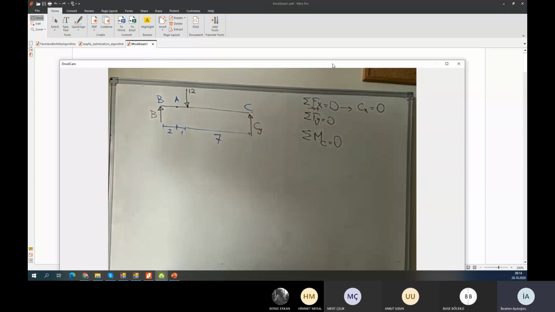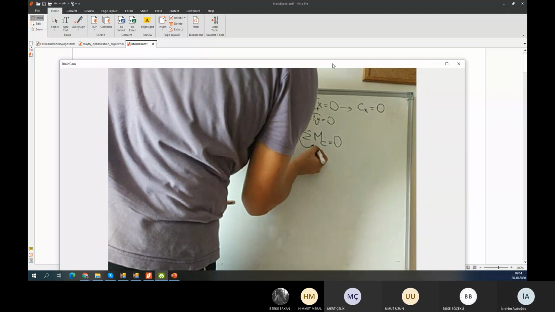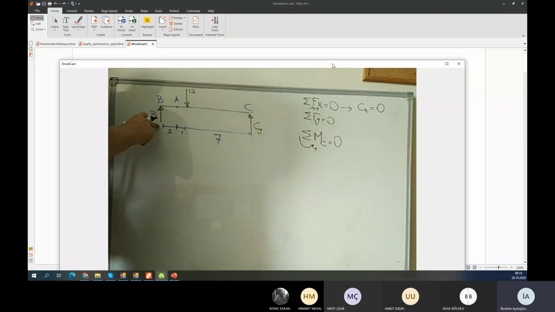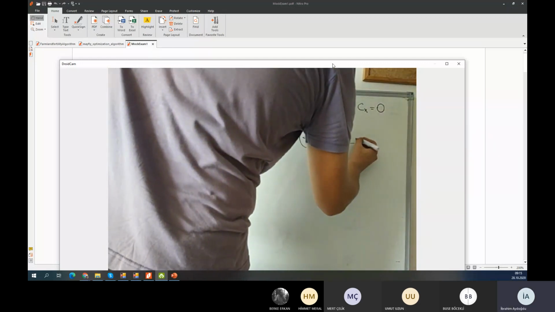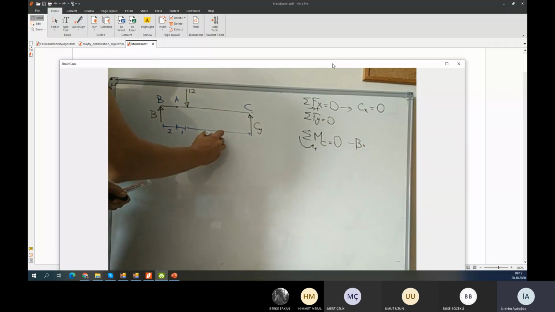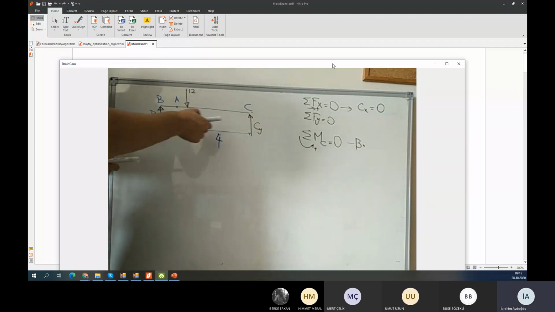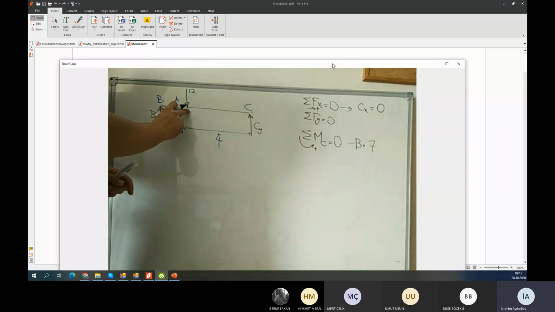I say sigma Mc is equal to 0, and I take the counterclockwise direction as positive. Force B rotates clockwise. Therefore, I write the negative V times the moment arm, which, you can see, is 7. This should be 4, so that the total length is 7. V times 7 moment arm, okay. And also we have a point load, 12 kilonewton, which rotates counterclockwise.